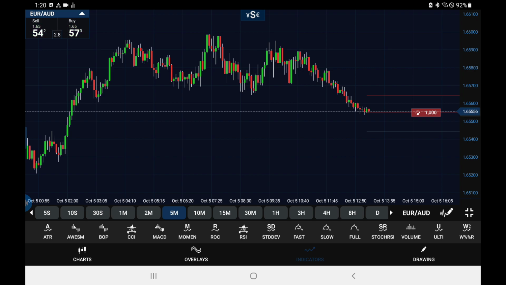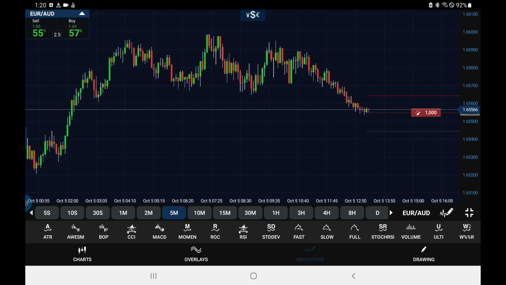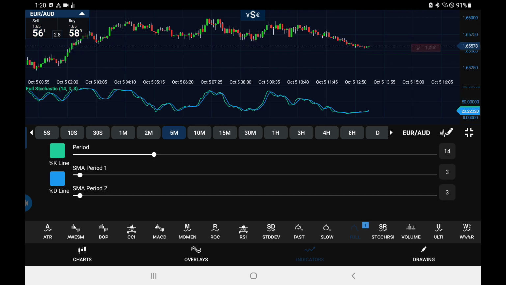Let's see if I can find it. For example, let's pick full. Let's add the indicator. And period, how far do we want to move back? Well, the standard market is 200.